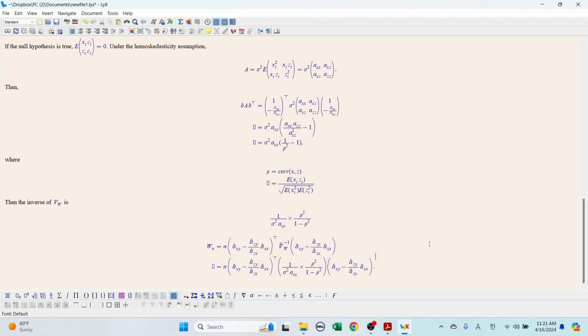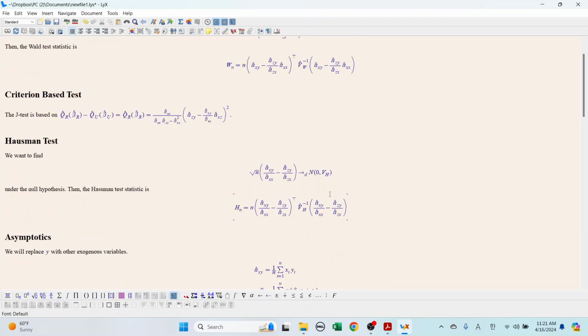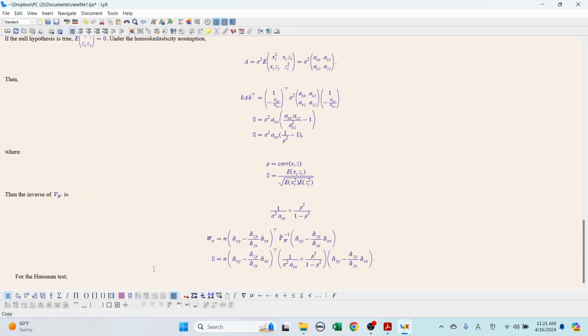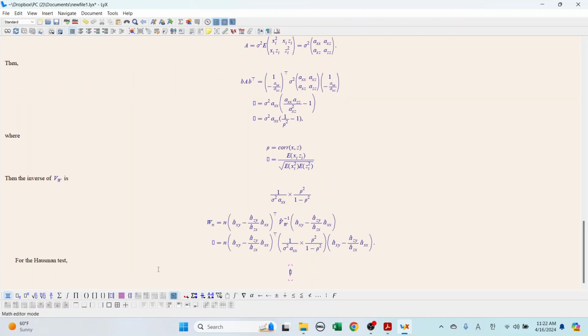Okay, then let me try the same thing for the Hausman test. For the Hausman test, we start from this and go back to the starting point.